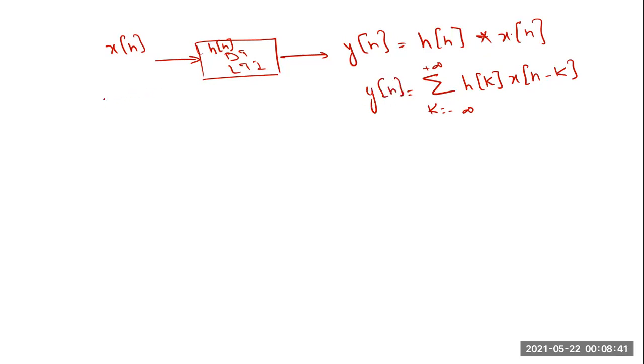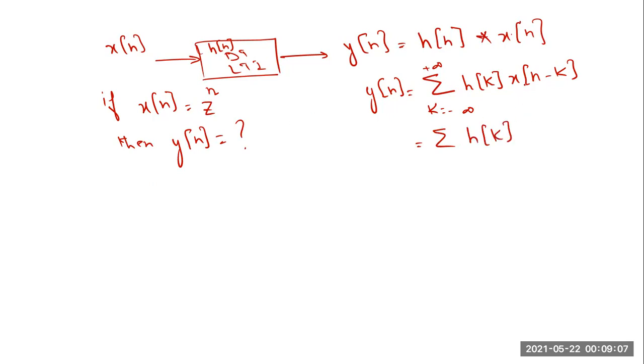But if you assume that the input is a complex exponential represented by this notation, z to power n, let's find out: if the input is x of n equal to this, then what is y of n? I can make use of this convolution expression.